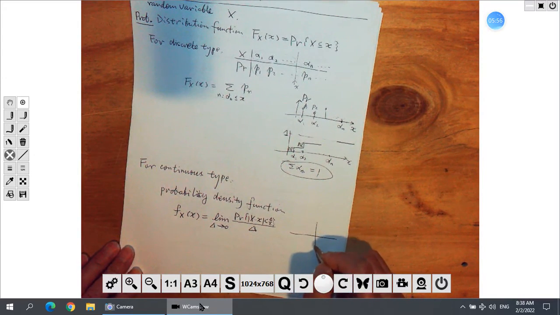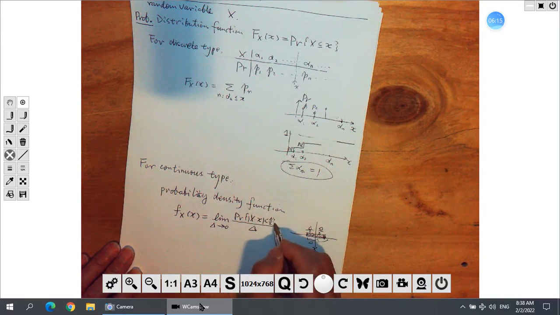Suppose this is x; here's delta over 2, here's another delta over 2, totally delta. You check the probability of capital X inside this interval over the length of the interval. We call this the density.